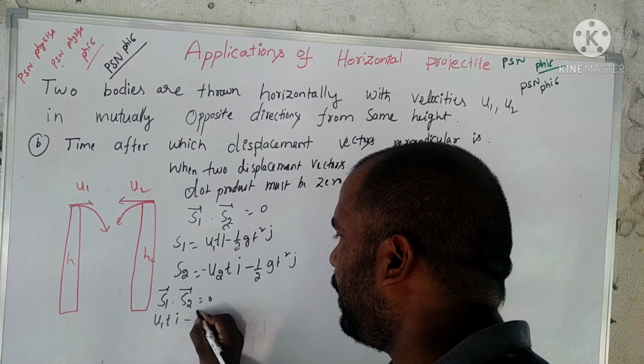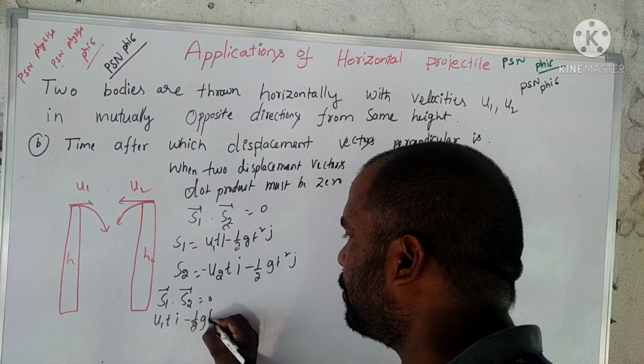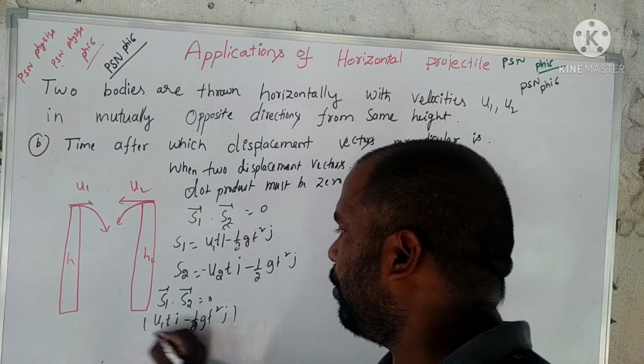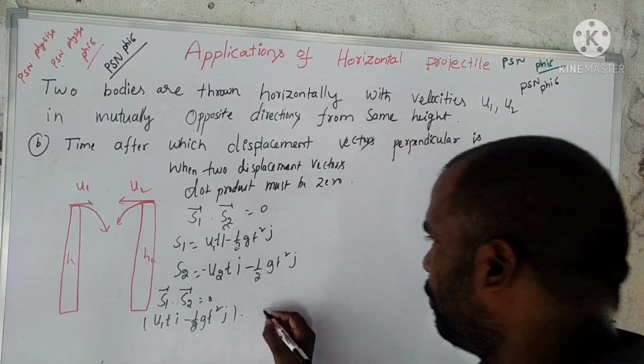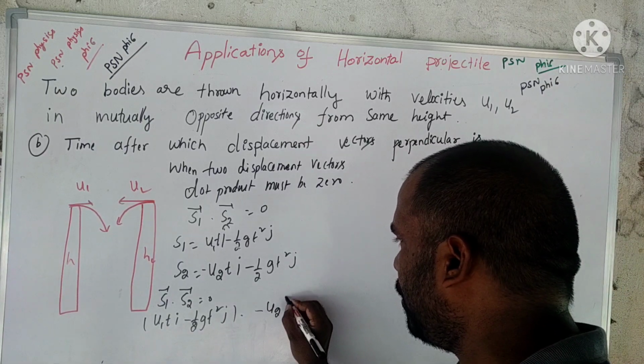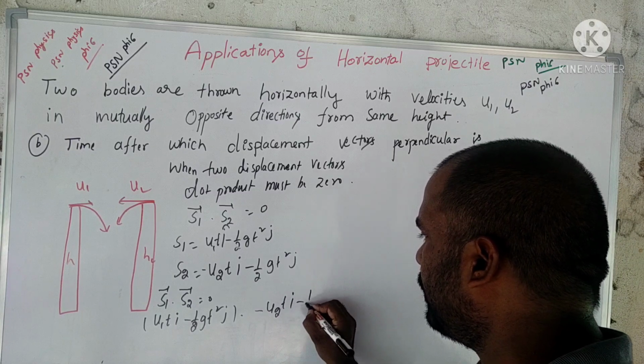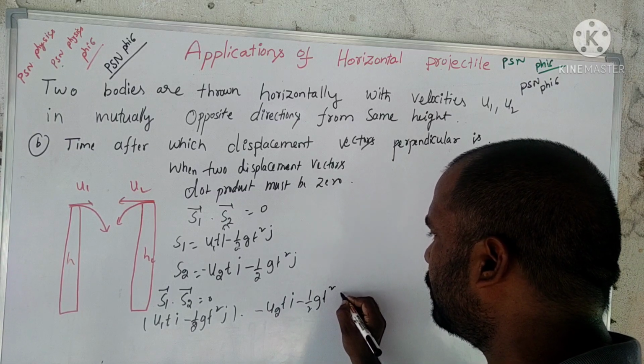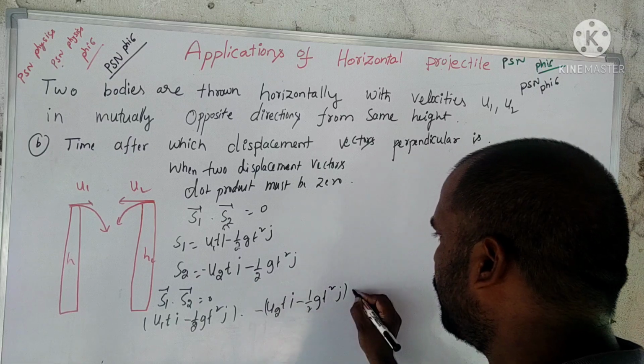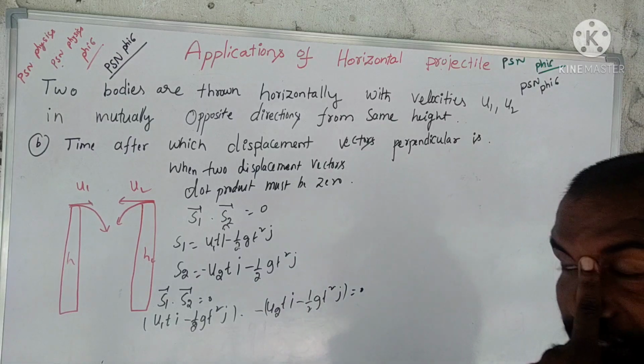u1 t i minus half g t square j, dot, minus u2 t i minus half g t square j is coming. That is equal to 0. Dot product must be 0.